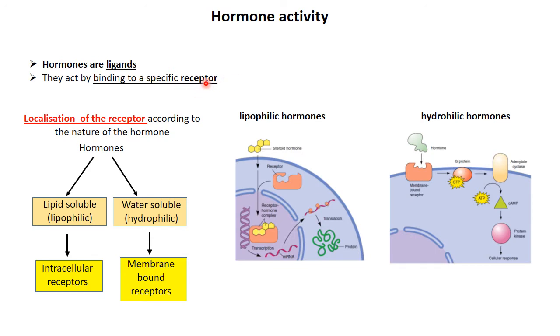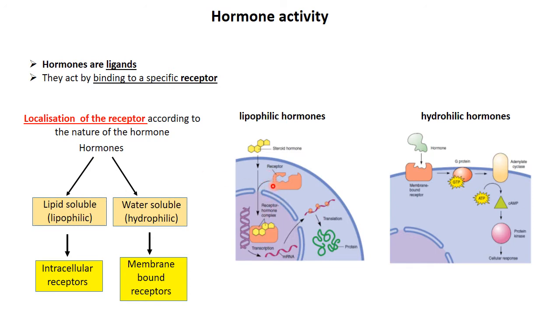Okay, so those receptors can be either on the surface or intracellular according to the nature of the hormone. Whenever we have a lipid soluble hormone, so a lipophilic hormone, which is the case of the steroids, for example, their receptors will be intracellular.